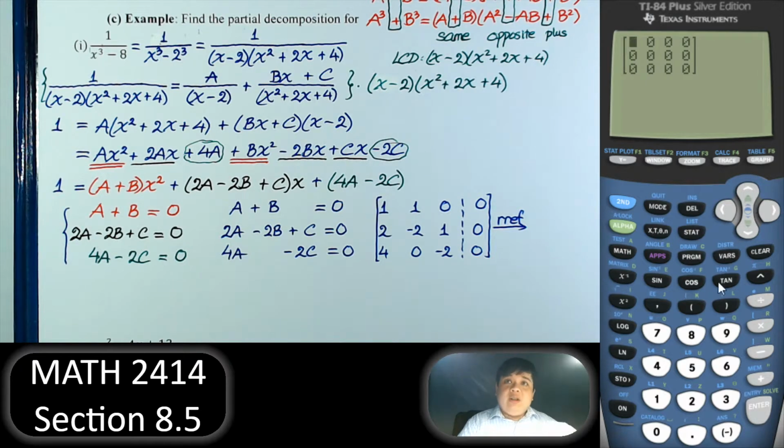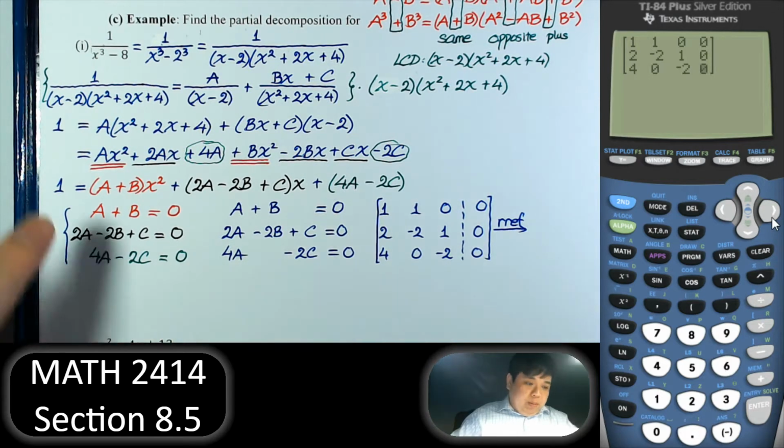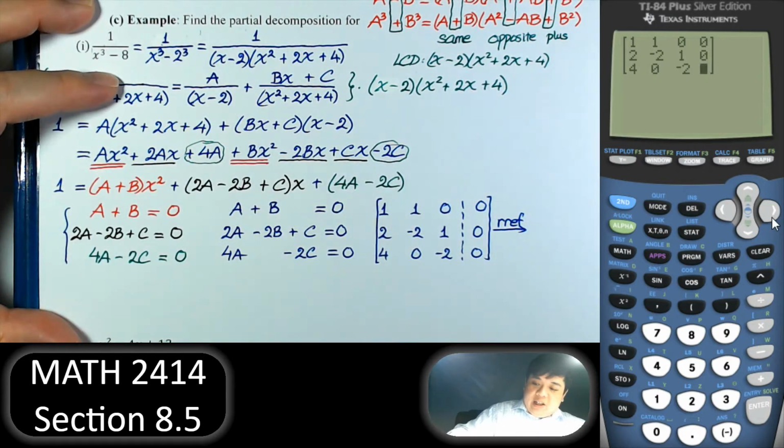So first 1, go to the next cell 1, then 0, 0, 2, negative 2, 1, and then 0, 4, 0, and negative 2, and then of course, there's a 1 on the right-hand side, right?